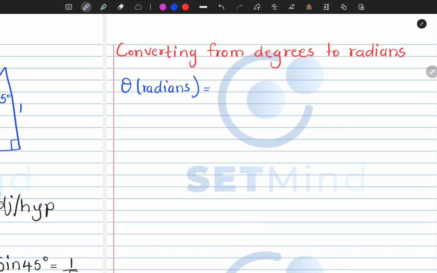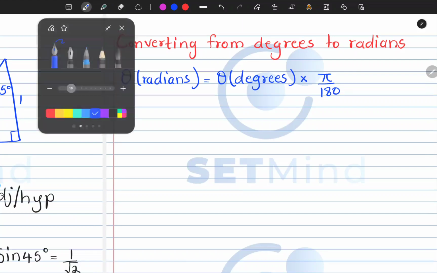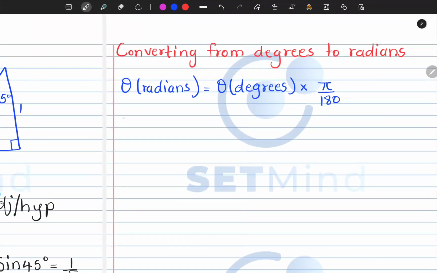So how we move from degrees to radians is you take the theta, which is in degrees, and then you multiply it by pi over 180. That is how we convert from an angle which is in degrees to an angle which is in radians. So let's consider a couple of examples. Let's have a look at example 1.